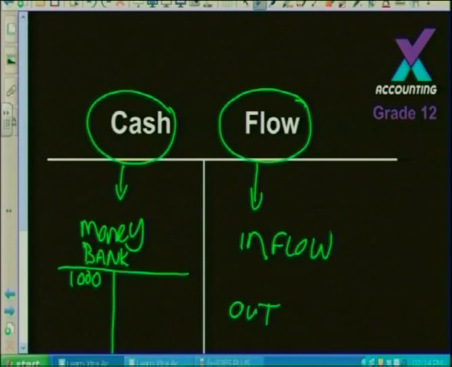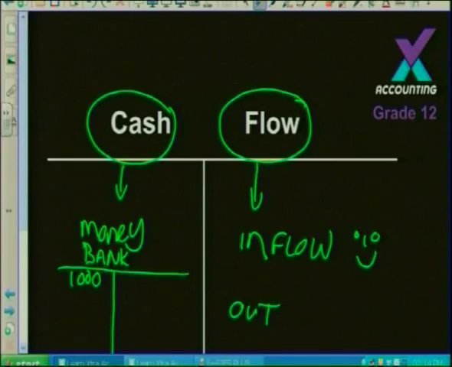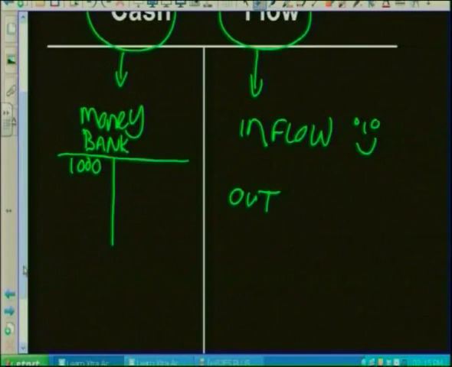Money coming into the business is what we call an inflow of cash. And obviously, an inflow of cash means that the business or the owner is extremely happy. We want a lot of inflow of cash in our business. Outflow, on the other hand, is money leaving the business.